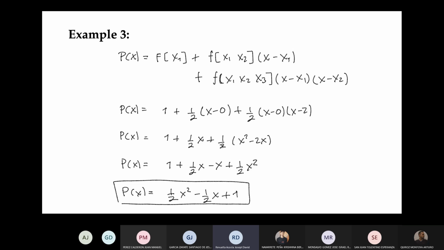And then multiplying this one times this one gives 1 half x squared, and this is going to be 1 half. So just arranging the numbers, you have this 1 half x squared. This is negative, so 1 half minus 1 is going to be minus 1 half of x and plus 1, which is this one.